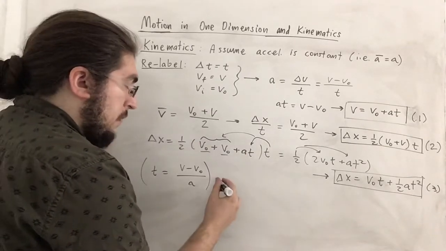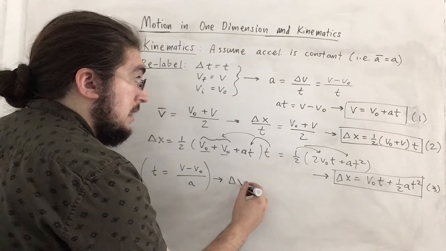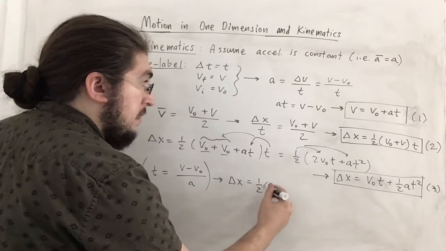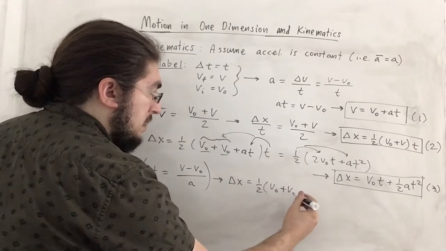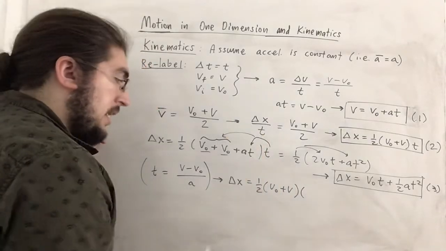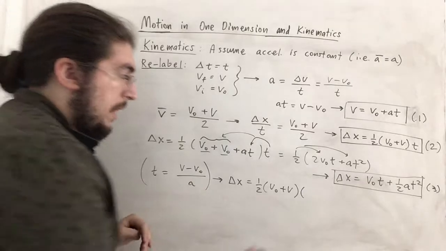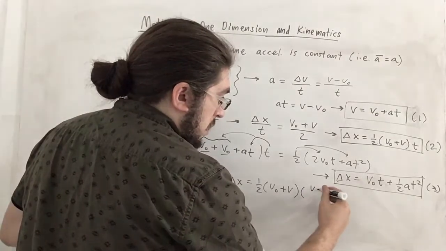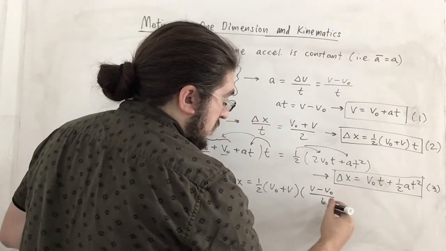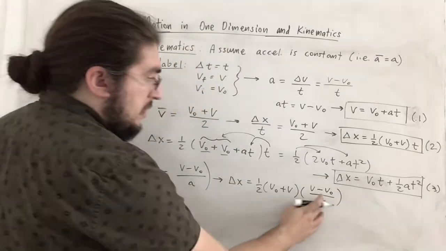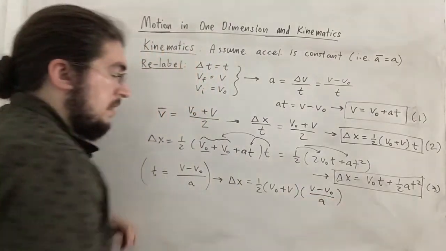Our second equation now becomes delta x is equal to 1/2 v naught plus v times t. But t, according to this, is equal to v minus v naught over a.